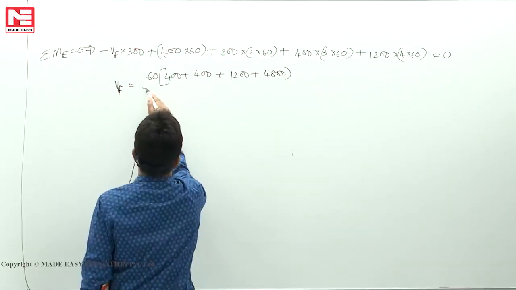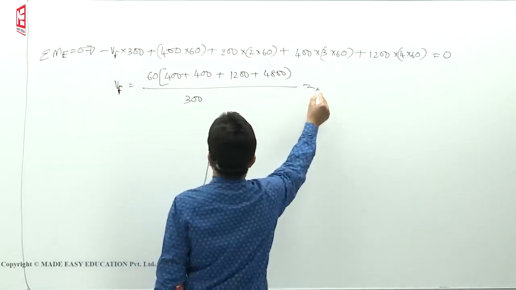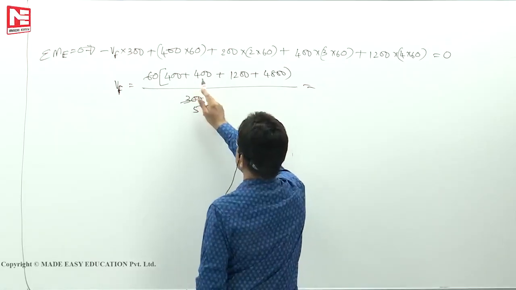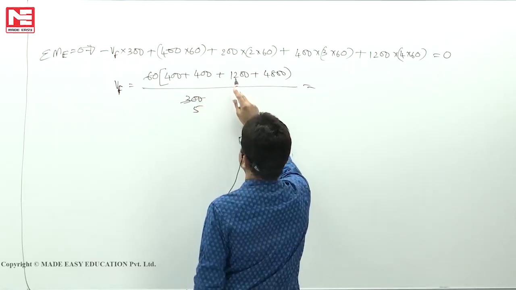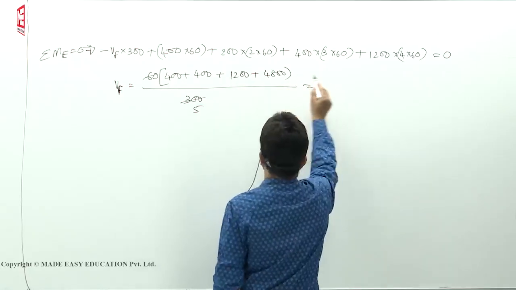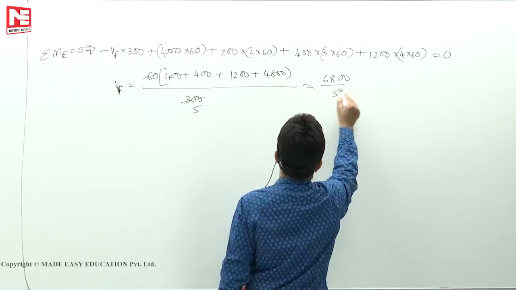So 4800 by 300. So 60, this will become 5. Now 4 plus 4, 8. 8 plus 12. 2 plus 48. 6800 by 5.